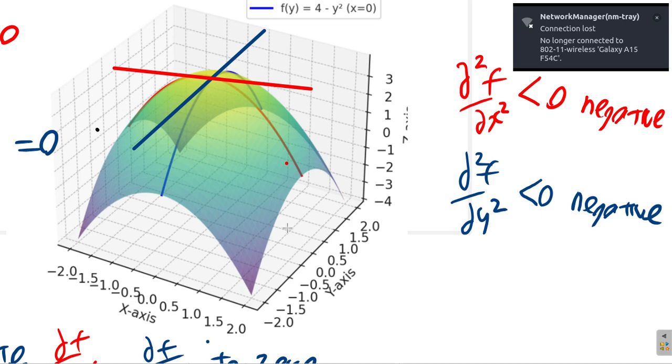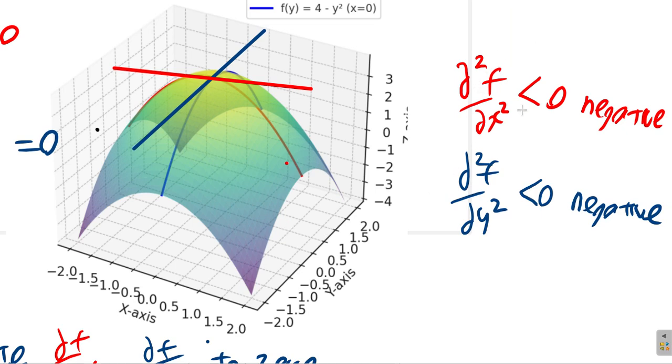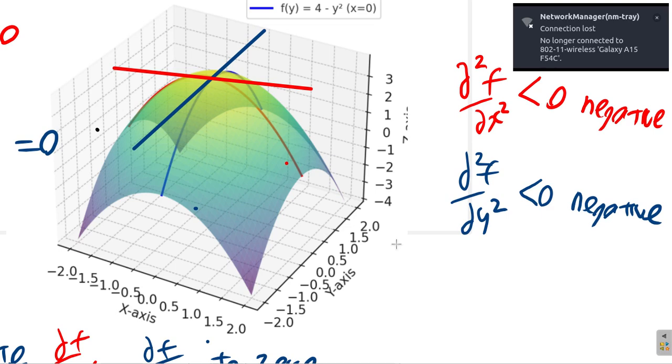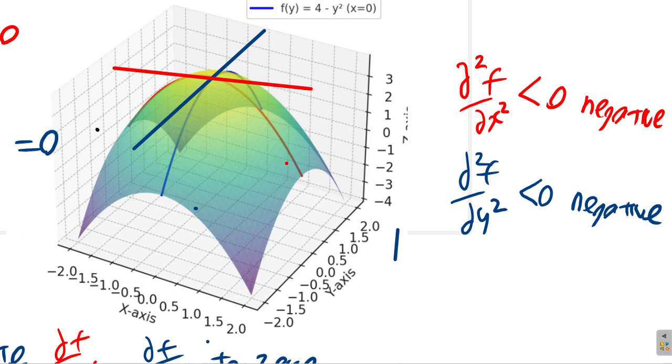Now, both second partial derivatives are negative. So this thing keeps popping up.